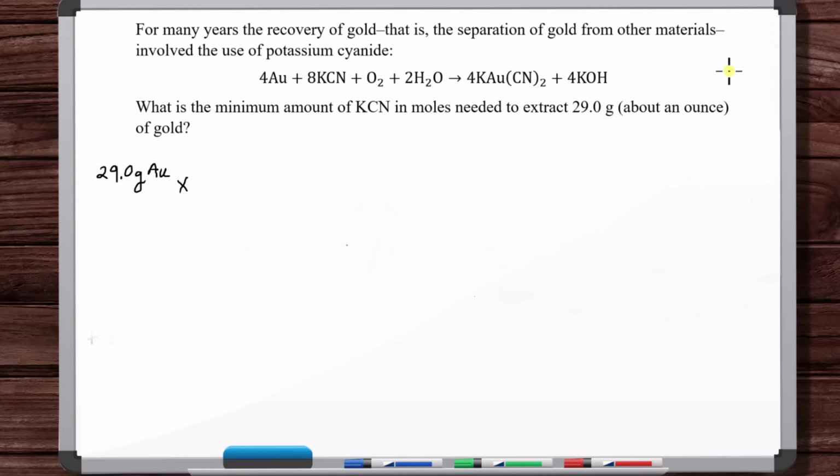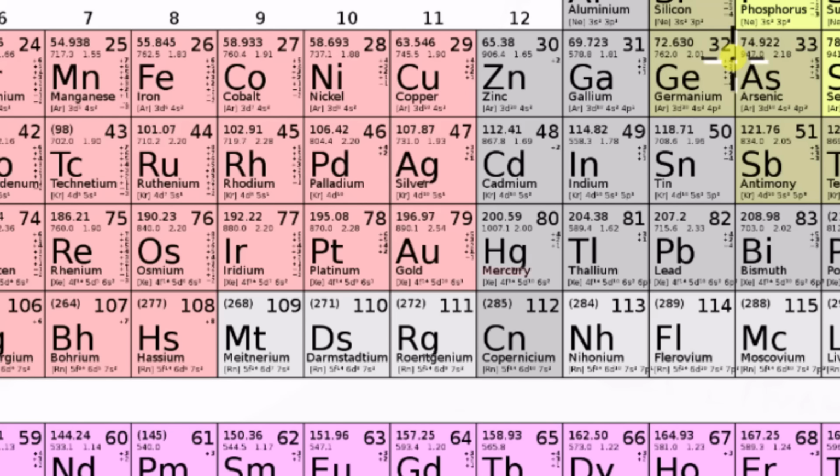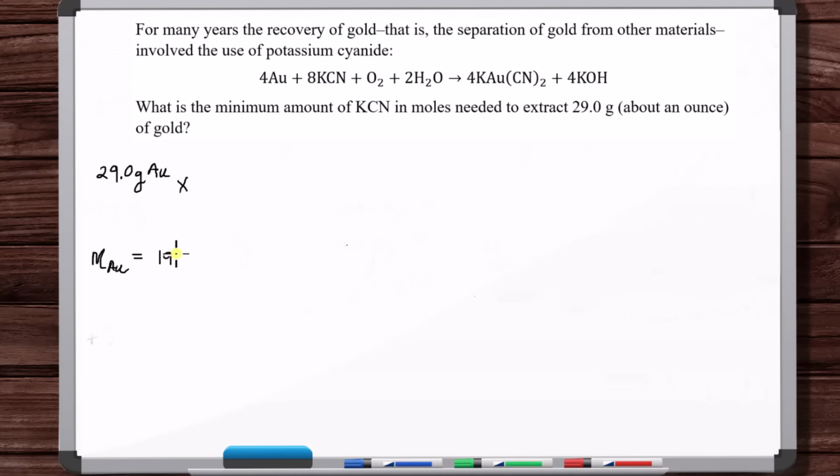All right. So what is the molar mass of gold? 196.97 grams of gold per mole. Okay, so 196.97 grams of gold per 1 mole of gold.